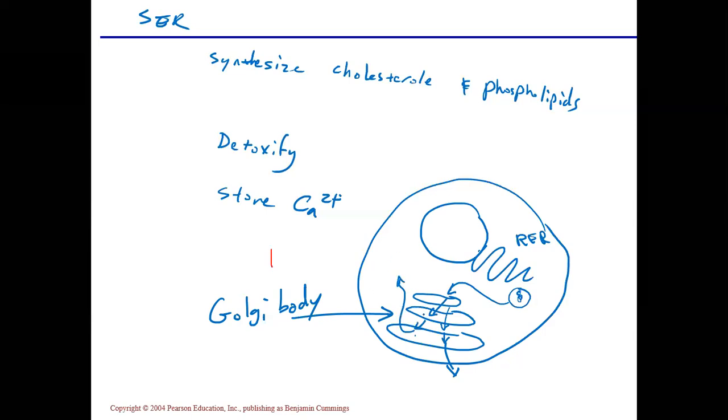So basically, Golgi body, I would say, is kind of like a shipping and receiving department of the cell, because it has a receiving end, it has a shipping end, and it packages the protein, modifies the protein, and sends it out to the proper destination. All right, that's the job of the Golgi body.